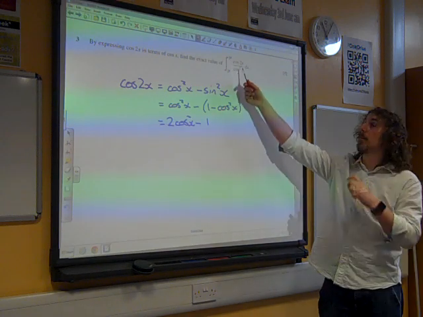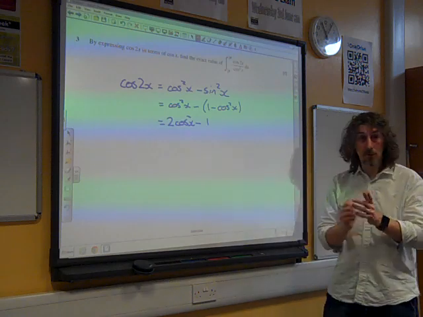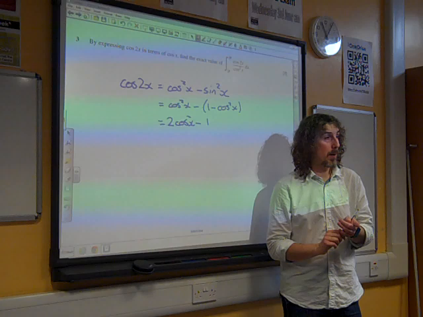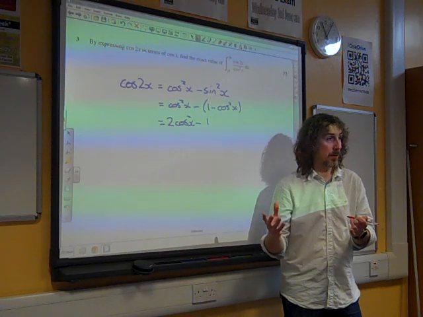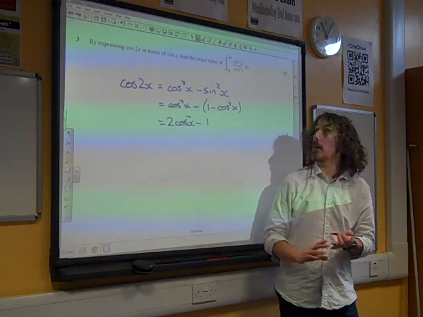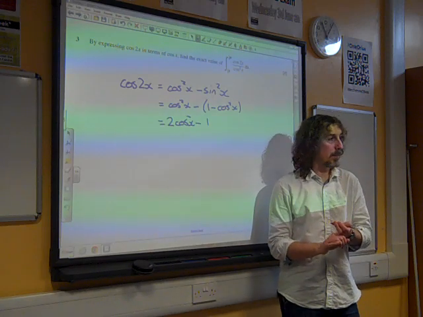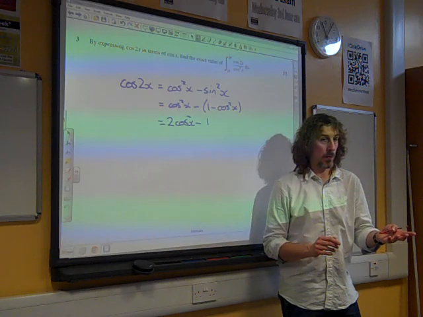Find the exact value of this expression here. The other thing that we must remember, we talked a little bit earlier about differentiating sine, cos and tan, and here we're integrating some trig functions. It's vital that we have to be working in radians as soon as we start doing any calculus with all of this stuff.